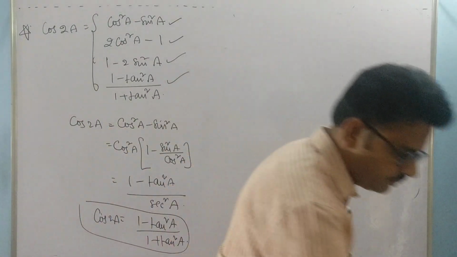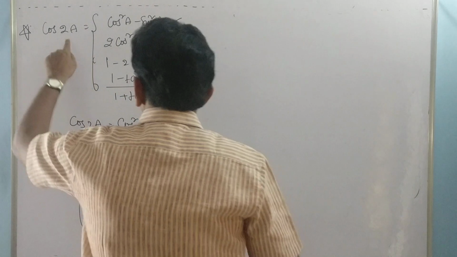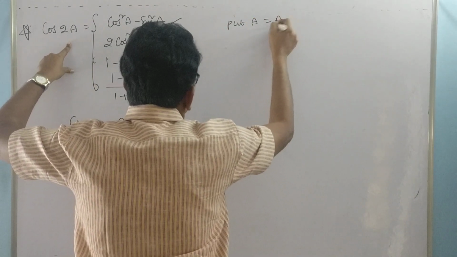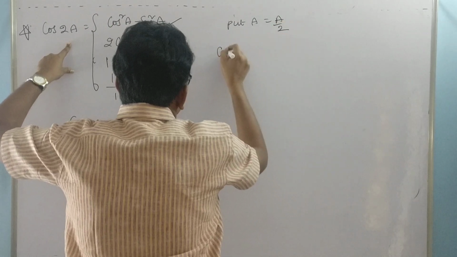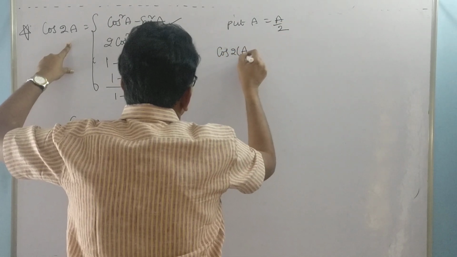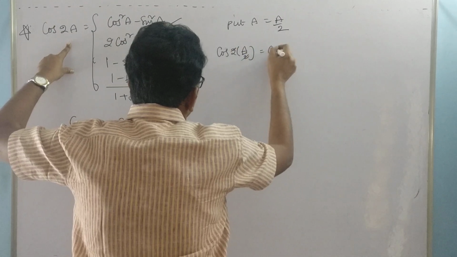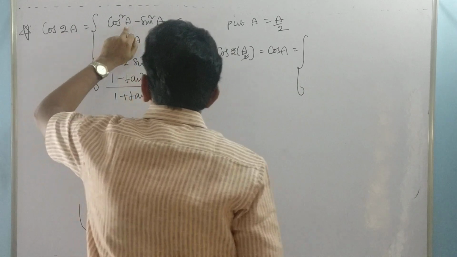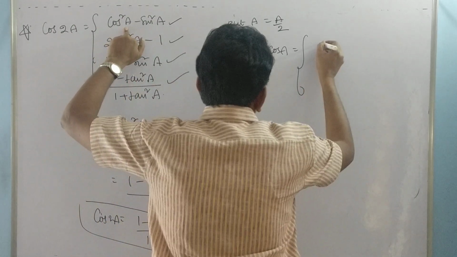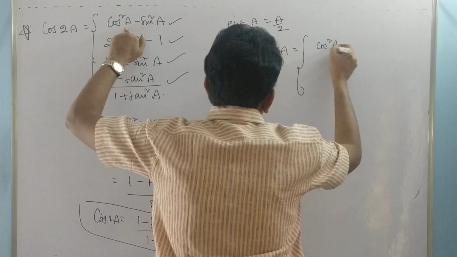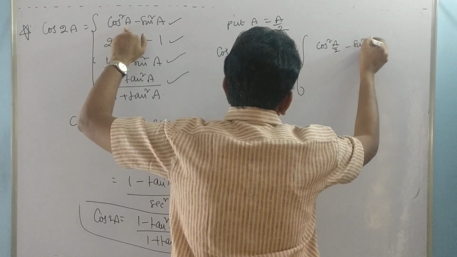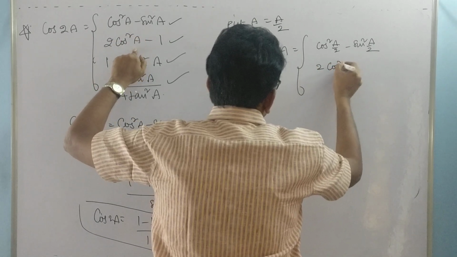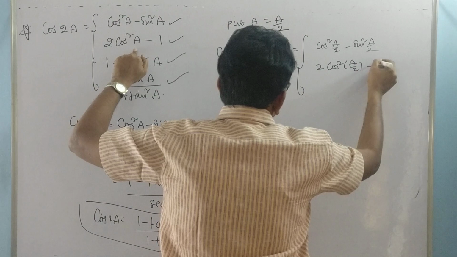Just like the previous sum, again in this one put A is equal to A by 2. So this is cos of 2 into A by 2. 2 gets cancelled, that is cos A is equal to, in place of A you write A by 2: cos square A by 2 minus sin square A by 2, and this is 2 cos square A by 2 minus 1.